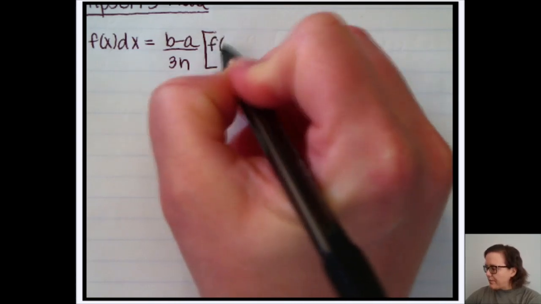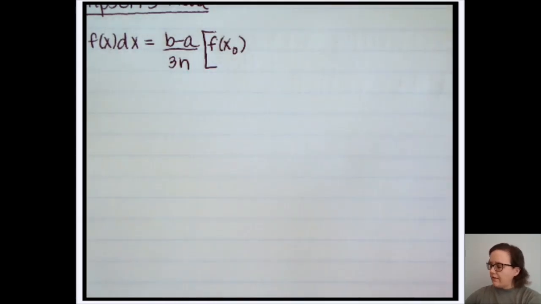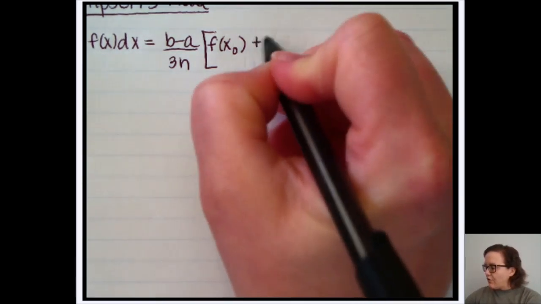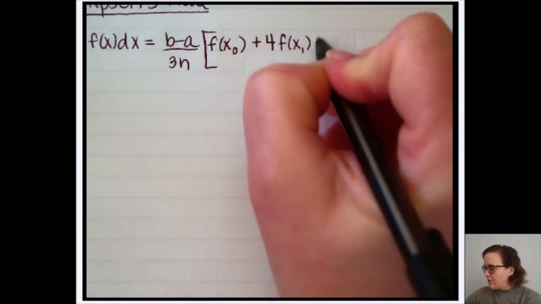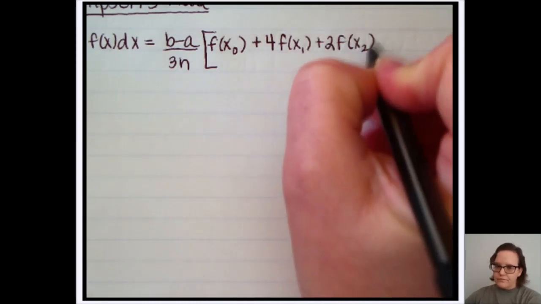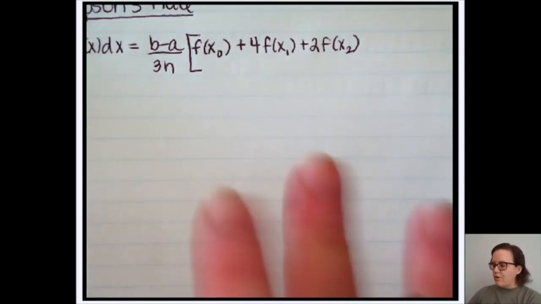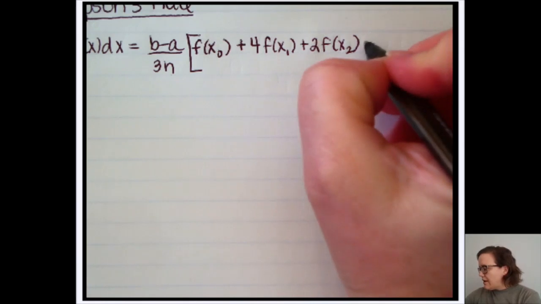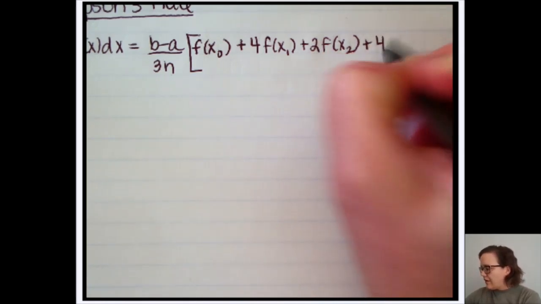We start off with our first f of x, and then we go to 4 times the next one, and then we go to 2 times the next one, and it's going to keep alternating from 4 to 2 to 4 to 2, until we get to that last set of 3 terms.